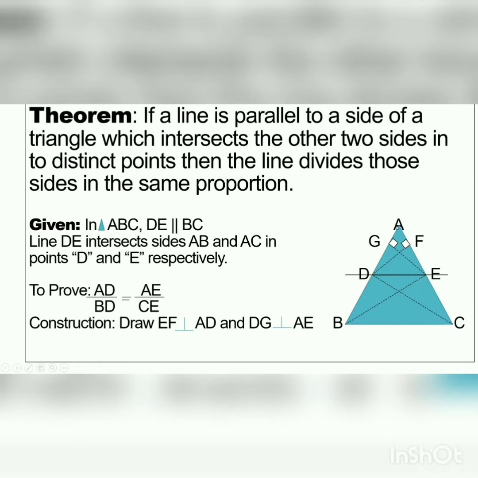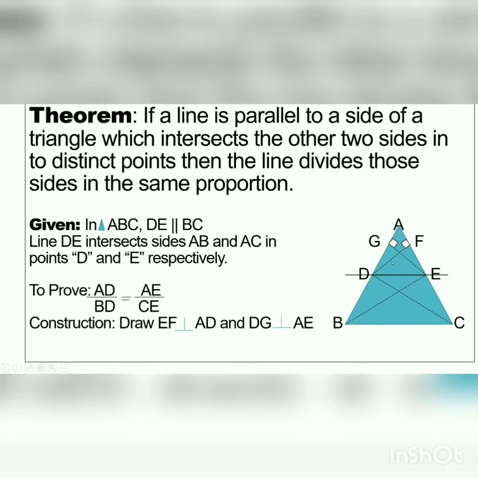Then this line DE intersects AB at point D and AC at point E. So AB divides into two parts AD and BD, and AC is divided into two parts AE and EC.